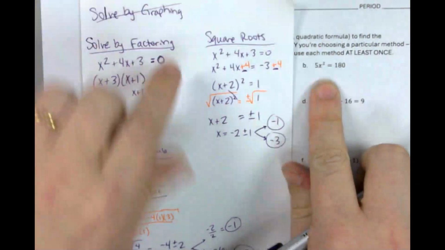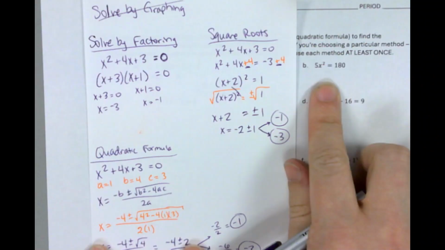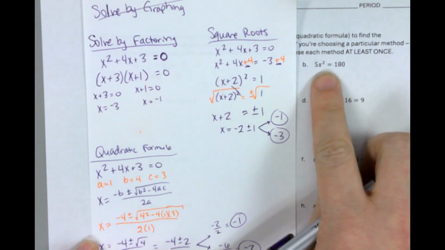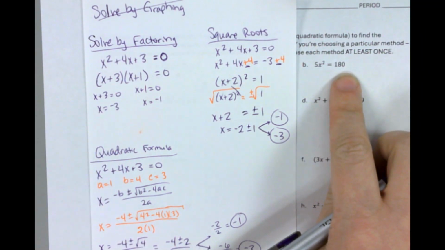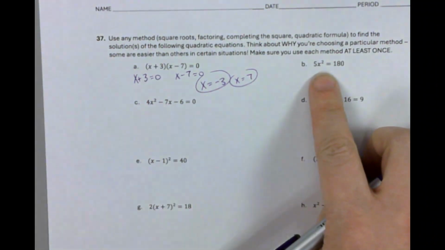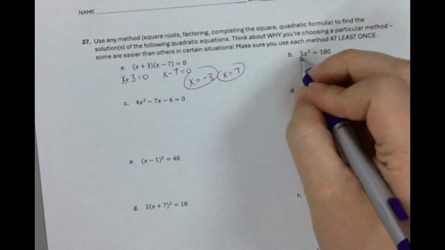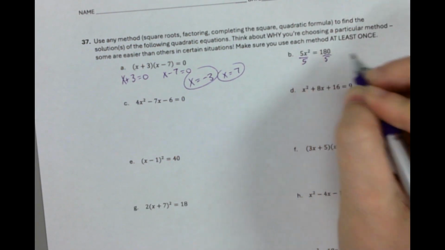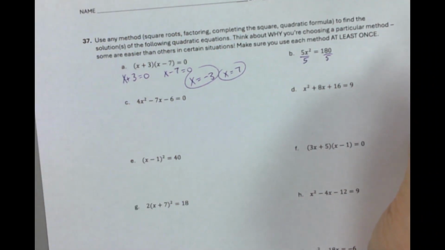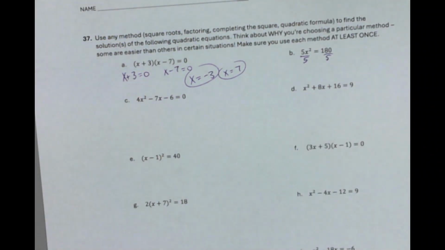This one doesn't particularly look like any of this. I do see that I have an x squared and not an x term, which means I could take the square root. I will need to divide by 5 first. Right, so then 180 divided by 5 is 36.